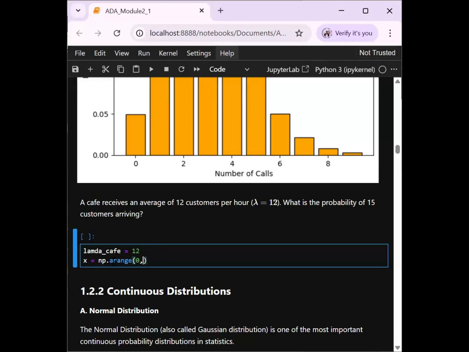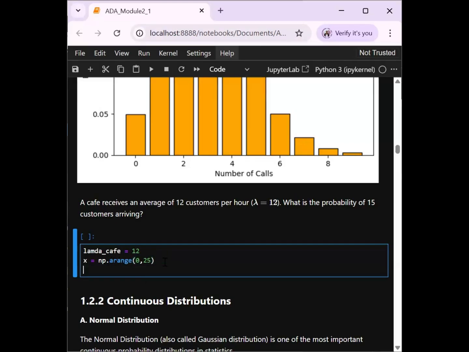Let's make it 25, since the average is 12. It's possible to have up to 25 or even 30 customers in an hour. So let's look at the probabilities of having different numbers of customers within an hour. Let's call it cafe probability, and then we use the Poisson.